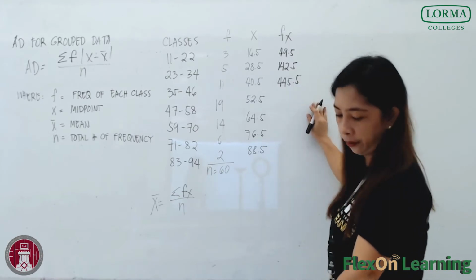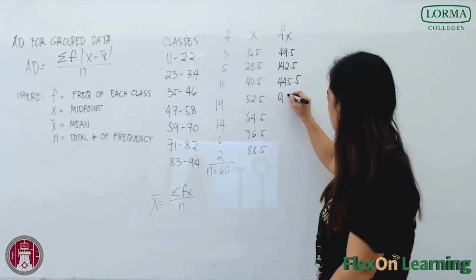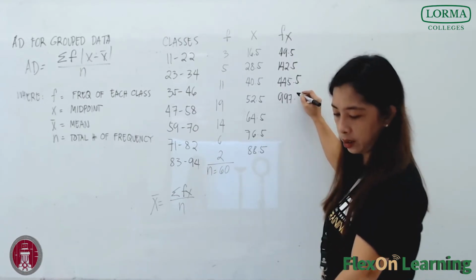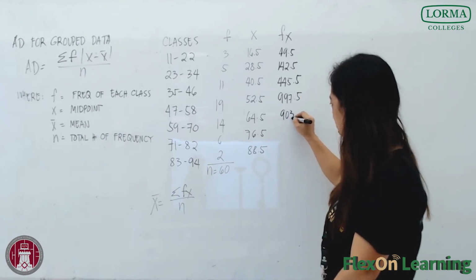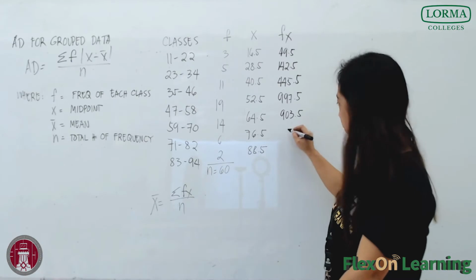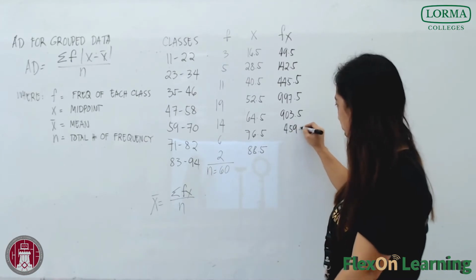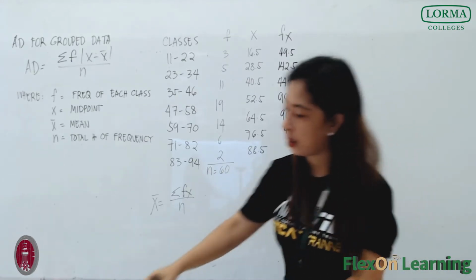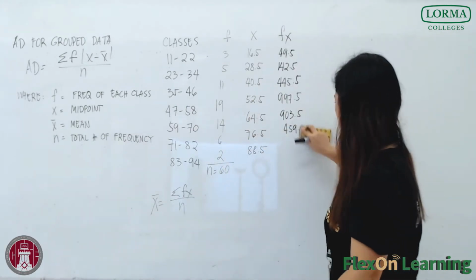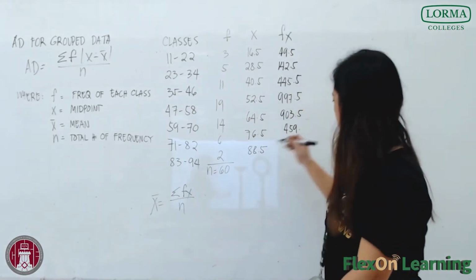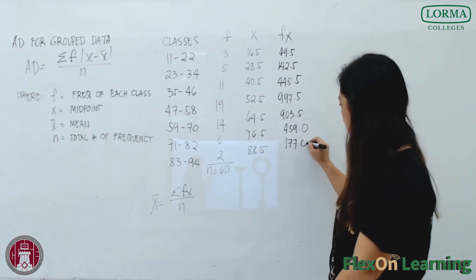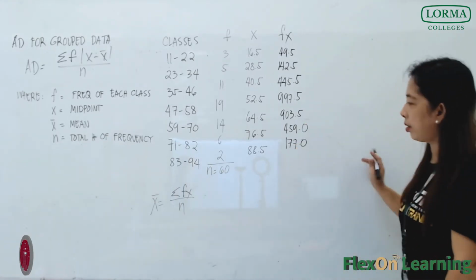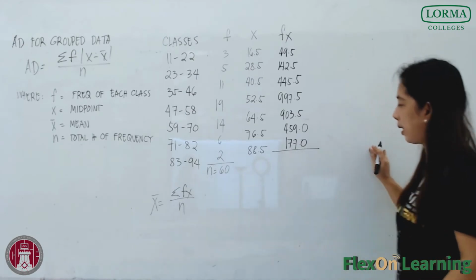Kindly check if there are any mistakes in my computation. Then 0, 0, and then we have 177.0.